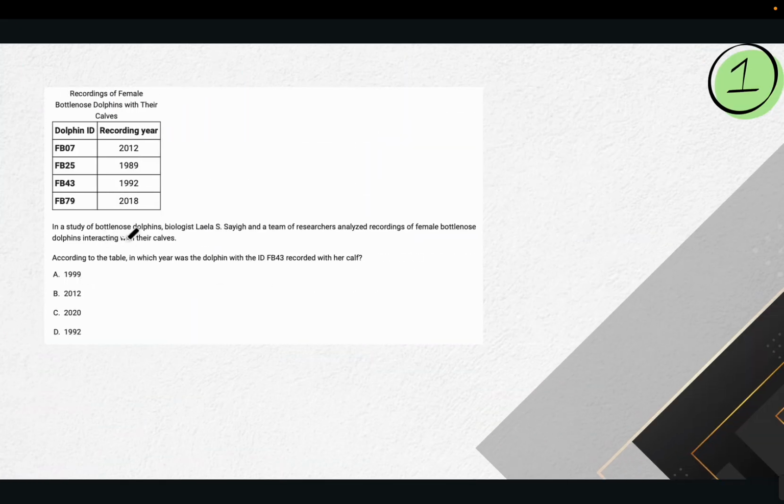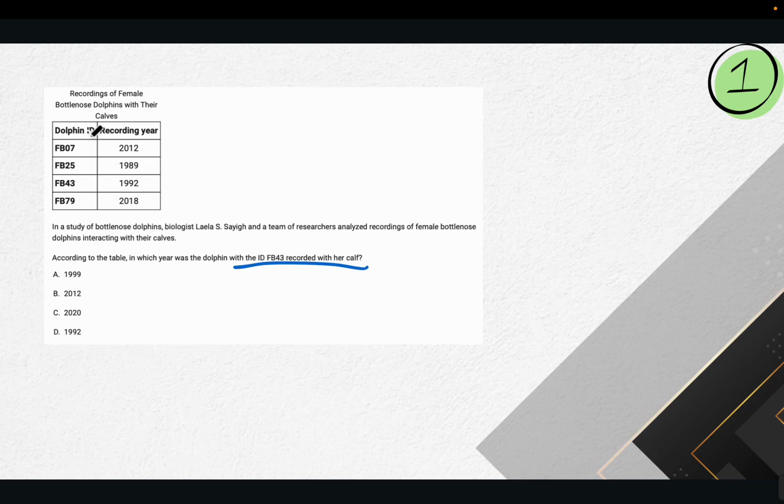We don't know what botanist dolphins is, but we don't get hung up on it. Okay, biologist Leila Saya and a team of researchers analyzed a recording of female dolphins interacting with their calves. In which year was dolphin with ID FB43 recorded with her calf?